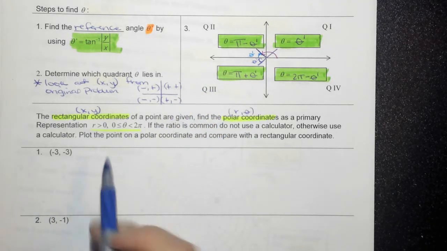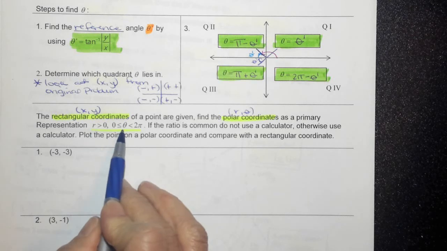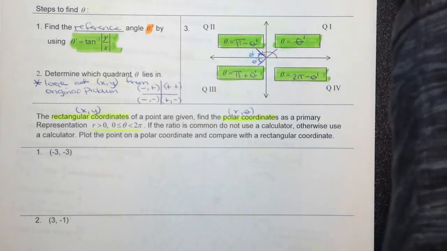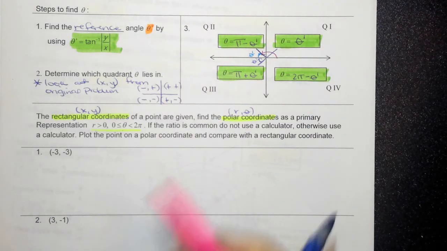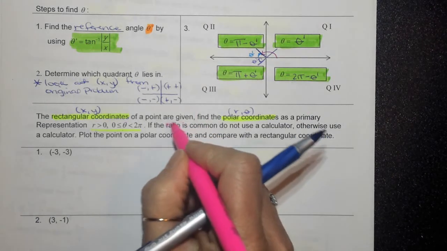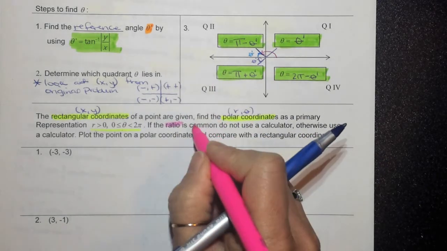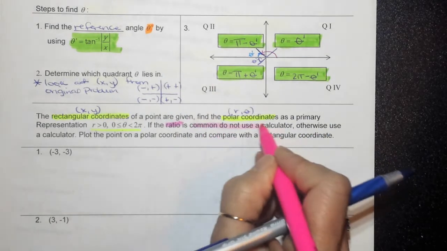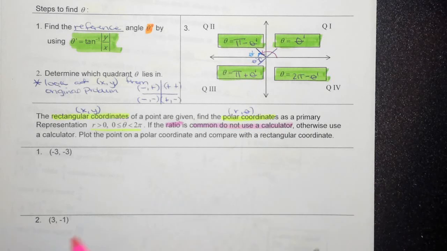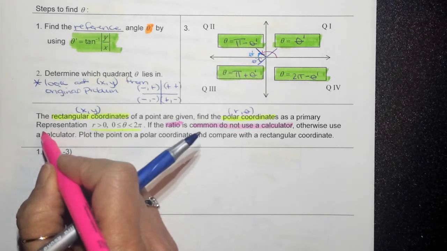And what that means is that r will be positive and your angle will be between 0 and 2 pi. The last piece here, and you just need to understand this, if the ratio for your trig for the tangent is common, you do not use a calculator. If the ratio is uncommon, meaning it's not something that we can get from the unit circle, we will use a calculator.